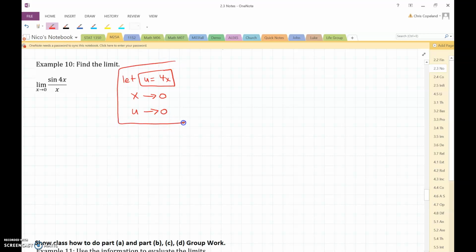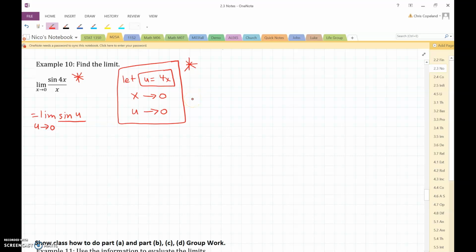Okay? Now that I have this information, I'm going to substitute it into this expression. So I've got the limit of sine 4x, we let that equal u. And then this would be u goes to 0.